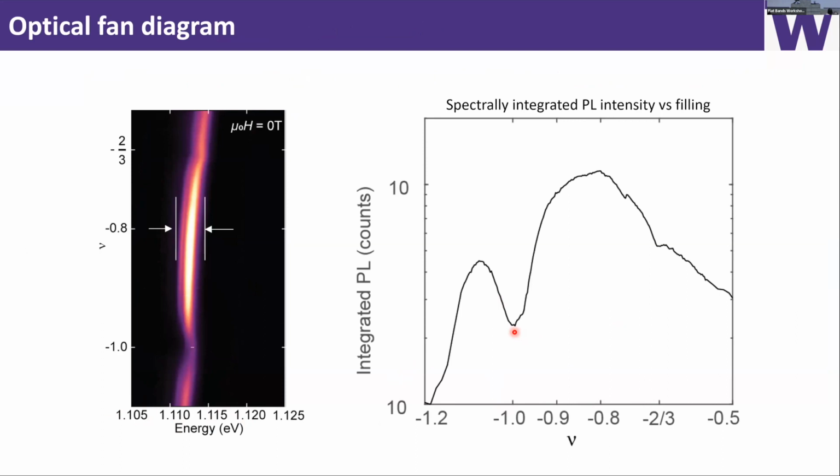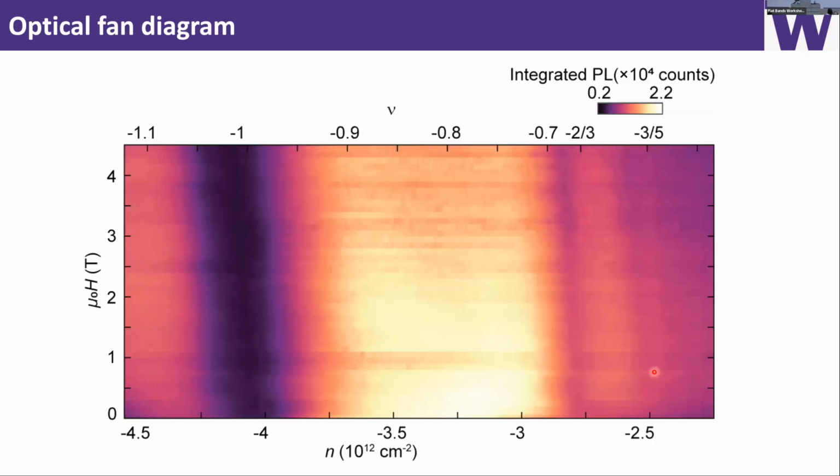You can see there are two dips. One corresponds to the insulating state at -1, the other corresponds to the fractional fillings. Then we can plot this spectrally integrated PL as a function of magnetic field. That's how we get these optical fan diagrams. You can see three dispersion curves clearly in the plot, at filling factors -1, -2/3, and -3/5.